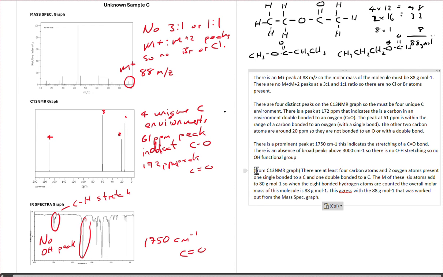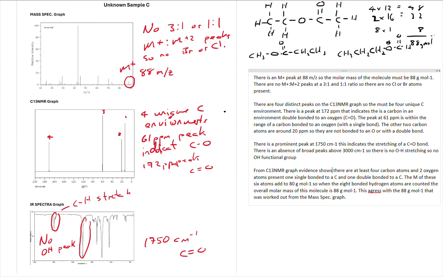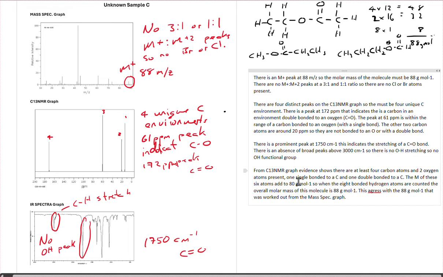From the carbon 13 NMR graph, evidence shows there are at least 4 carbons and 2 oxygens present, one single bonded to a carbon and one double bonded to a carbon.